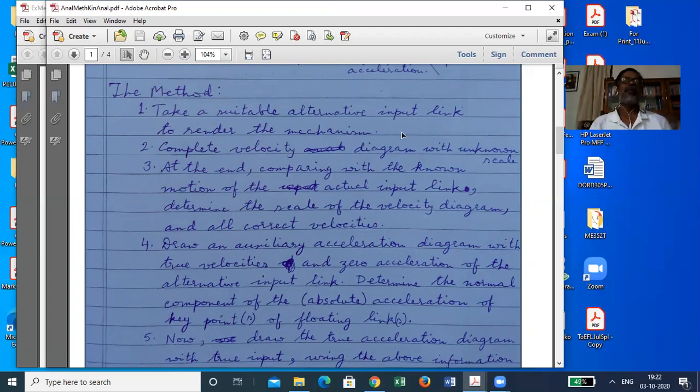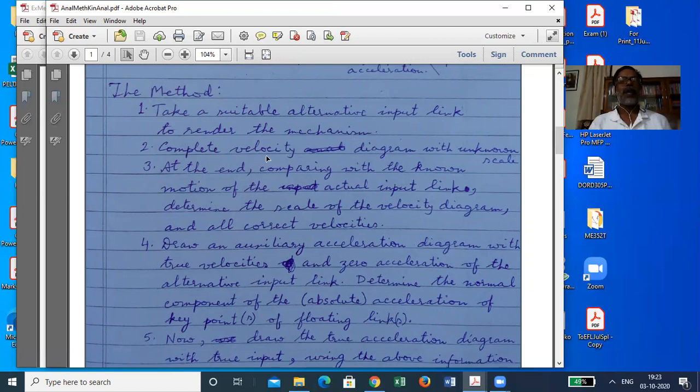And what does that mean? That means you don't know its velocity, and you are on your own putting 2 centimeter or 5 centimeter for that velocity vector in your velocity diagram. That means it is the scale that you don't know yet. Okay, you will construct the velocity diagram, but without knowing the scale.